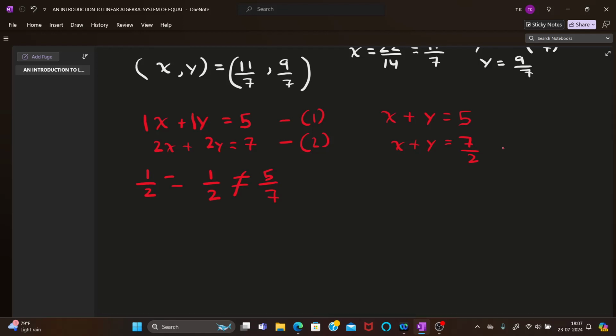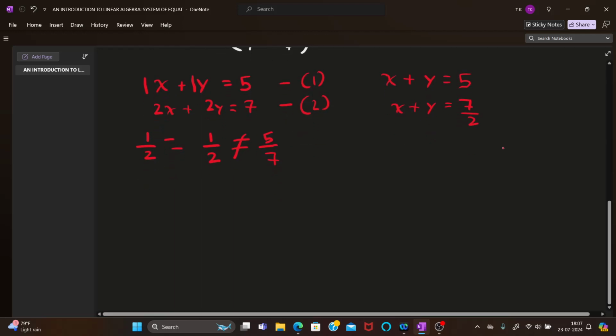Here we can clearly see that the left-hand sides are the same, but the right-hand sides are not, which is not possible because you can't have the same thing on the left-hand side but different values on the right-hand side. So there is no solution. I'll just write it out. So there is no solution.